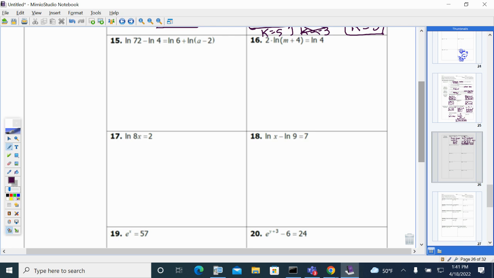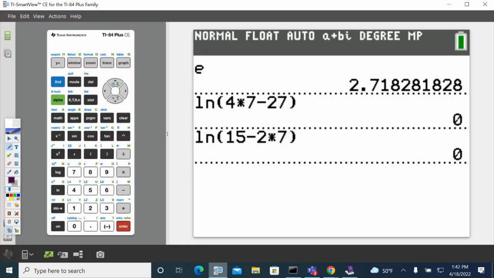There's a minus in the middle, so we're going to use division to condense it into one log. So from here, I'm going to change it to exponential. On that natural log, the base is e, so now it says e to the 7th power is equal to x divided by 9.